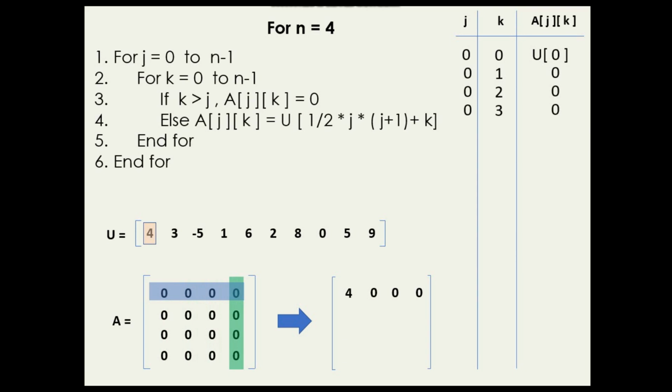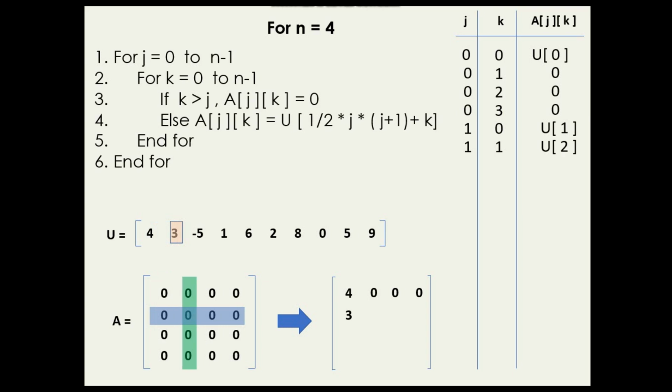Now, when j is equal to 1 and k is equal to 0, k is less than j, so we'll pick an element from the unidimensional array, and the next element is the first index element, that is 3. When j is equal to 1 and k is equal to 1, they both are equal, so we'll go with the else condition, and the second index element from the unidimensional array will be picked.